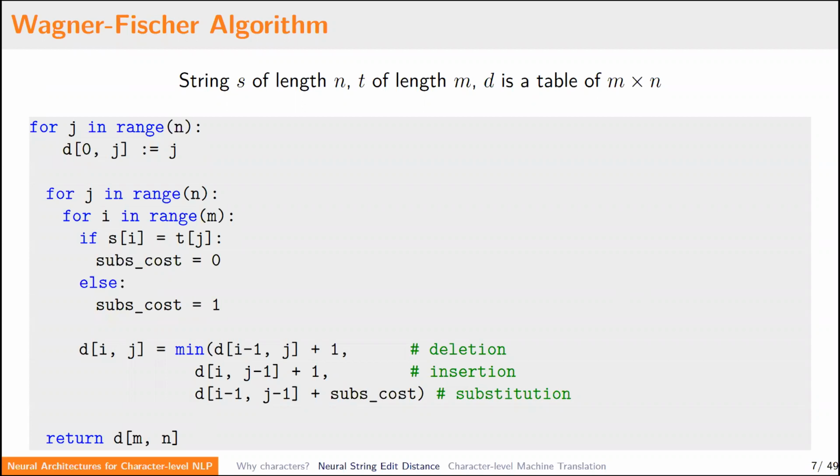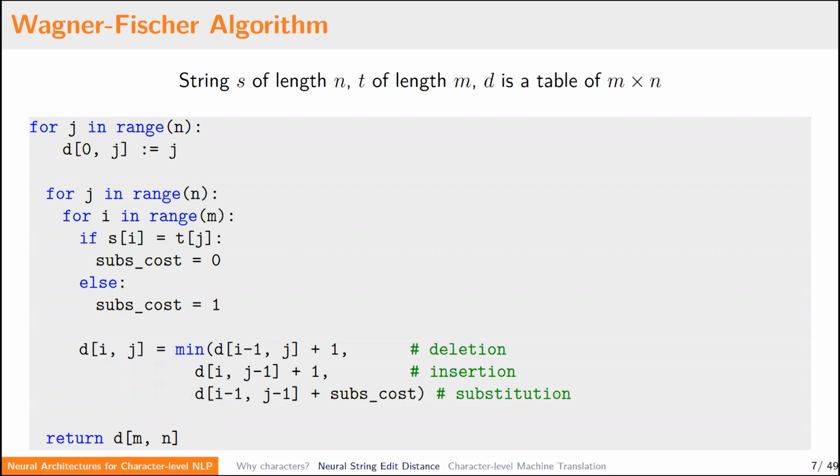So for the two strings s and t of length n and m, we compute the Levenshtein distance by gradually filling a table of dimension m times n.